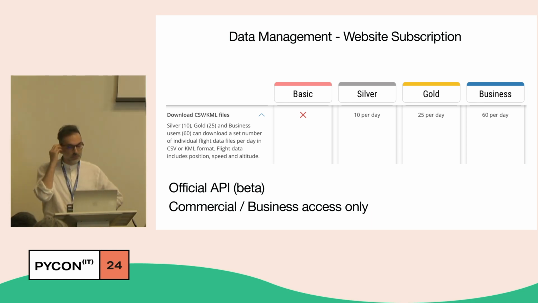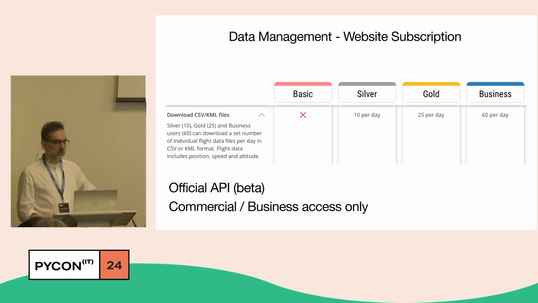Let's talk a little bit about the data. So I have a silver account because you can, of course, get all the information on the website for free with the basic account. You can get several different subscriptions, so the silver, gold, and business. There is an official API, but in beta version of FlightRadar24. And if you want to get and use data for commercial purposes, you have to buy a business account.